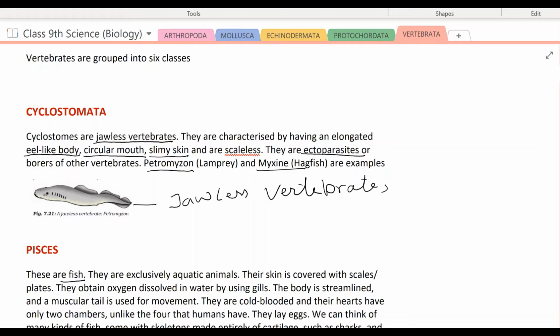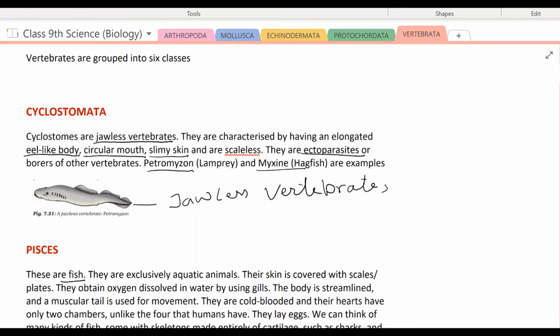It is adapted to aquatic life and includes all fishes. Basically, the heart is two-chambered, respiration is through gills, and they are cold-blooded. Their body temperature fluctuates according to the temperature of the environment.